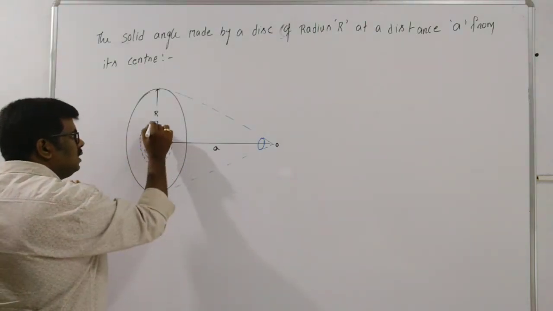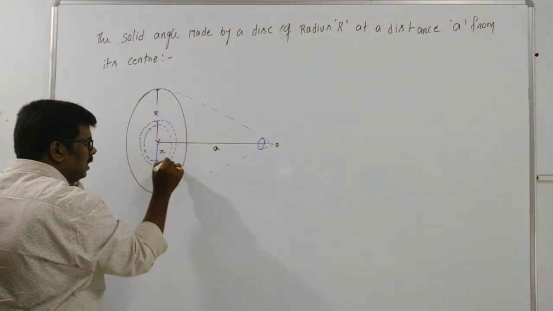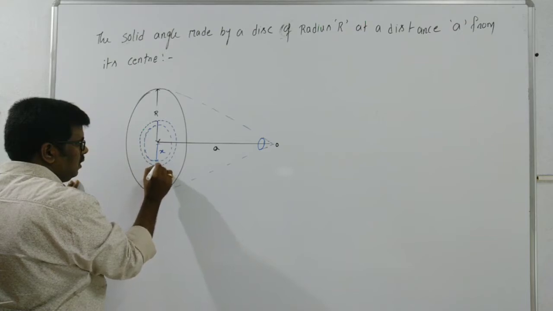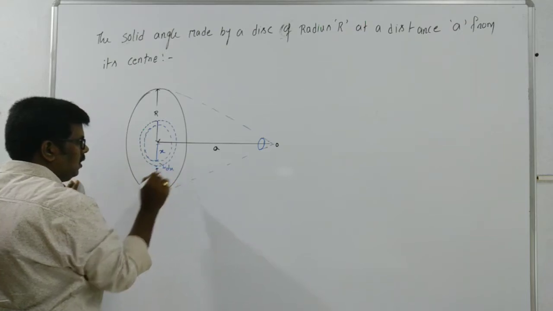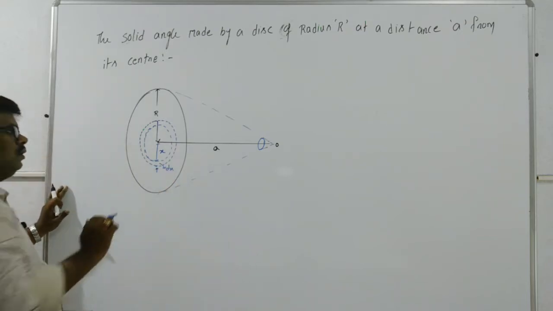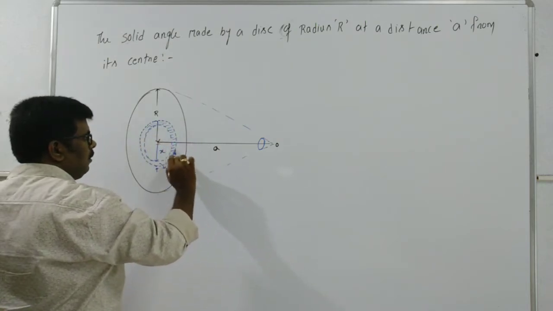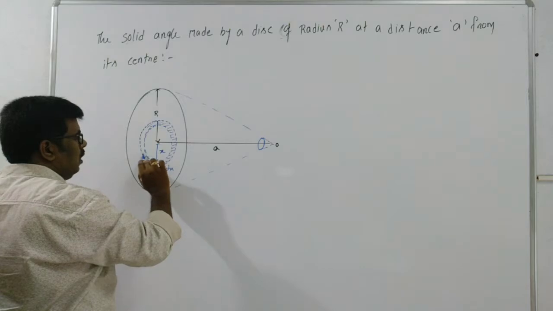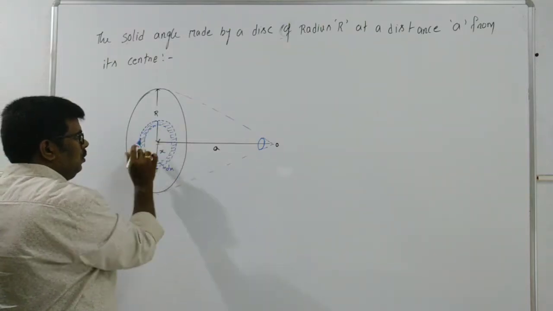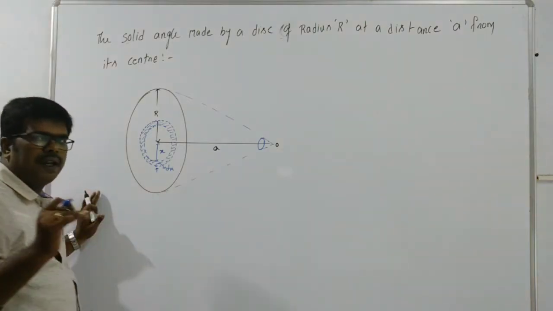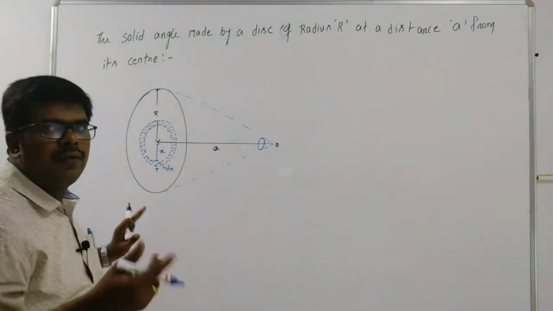This is dx. The width of the disc part is dx. How much solid angle is made by this small part of the disc? Let us suppose we take a small solid angle d omega.